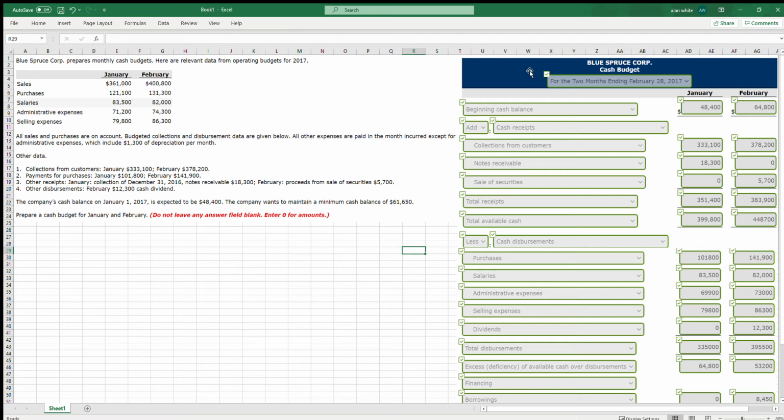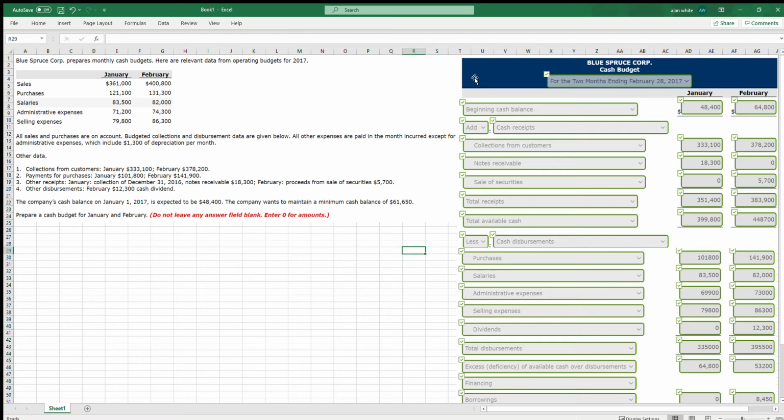So you can't solve for the ending cash balance without having the beginning cash balance, which comes from the ending cash balance of the previous month.